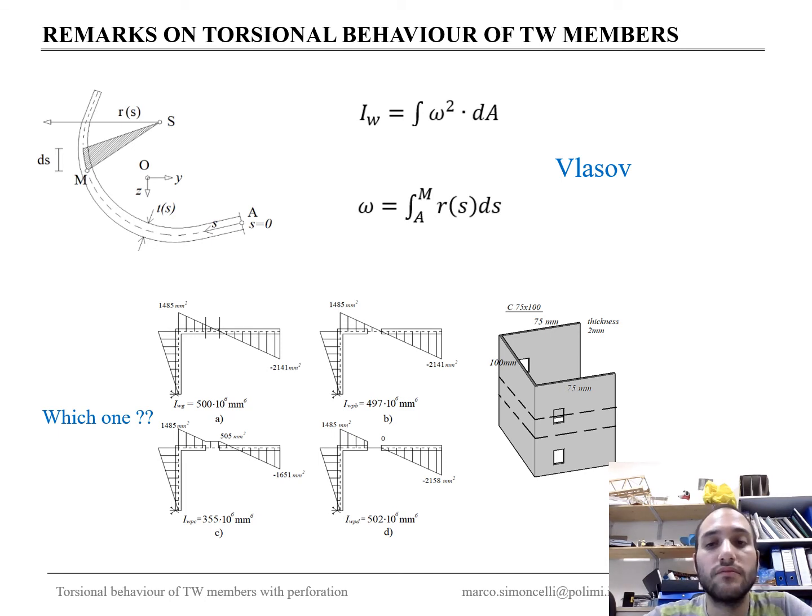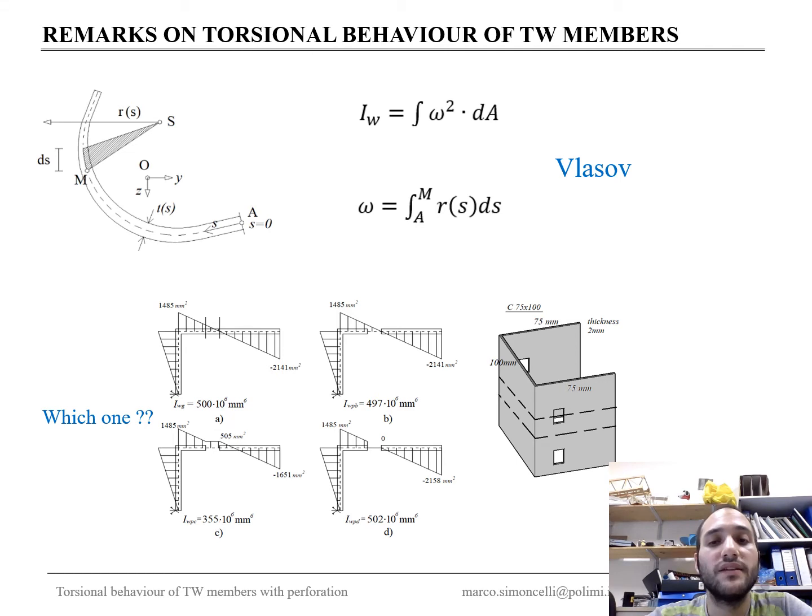We can make on this point three different hypotheses, at least three different hypotheses. Look at this picture. Starting from picture A, which is related to the gross cross-sectional area, we have this linear distribution of sectorial area.